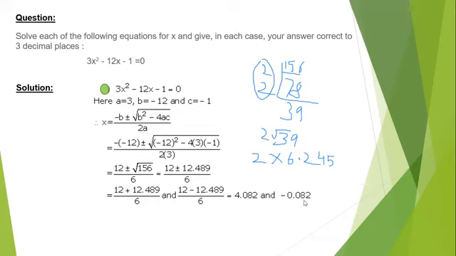So this answer, if you have to give up to 2 significant figures, it will be 4.1 and minus 0.082. I am repeating, starting zeros are not counted in significant figures, while zeros at the end are counted.